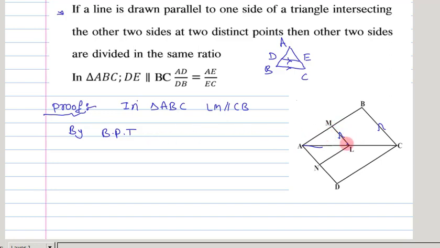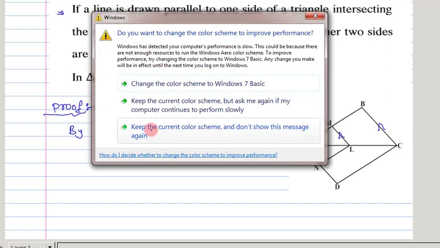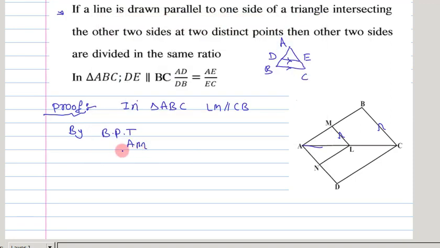LM divides AB into two parts, AM and MB. The ratio between these is equal to the ratio AL to LC. Let us suppose this is the first equation.